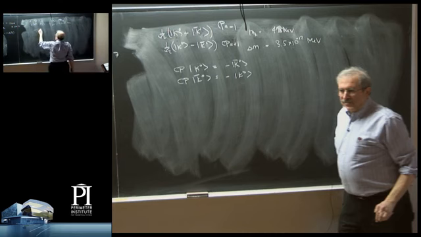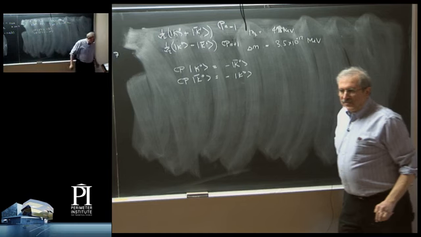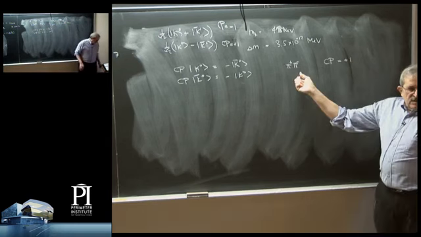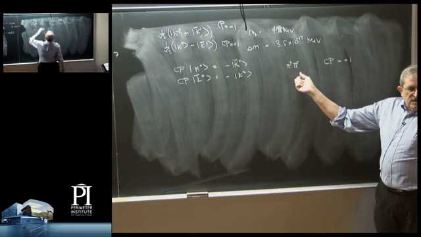CP will change the K0 into minus the K0 bar, and the K0 bar into minus the K0. So what that means is that one linear combination, namely this one, has CP equals minus 1, and this one has CP equals plus 1.